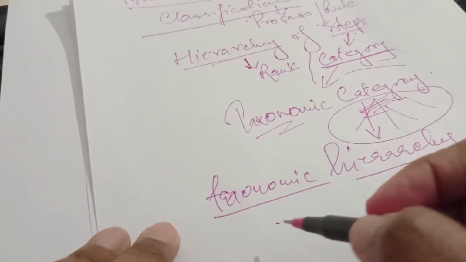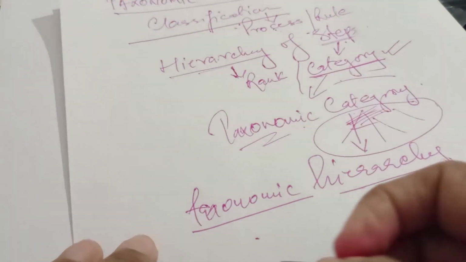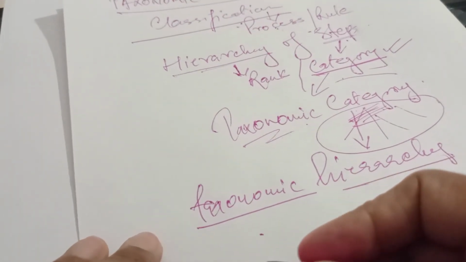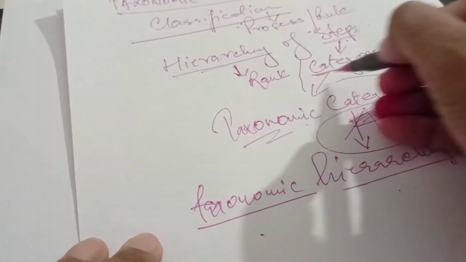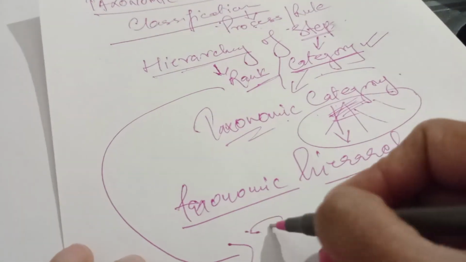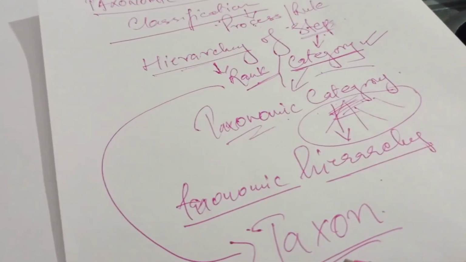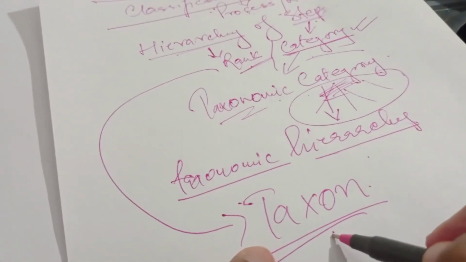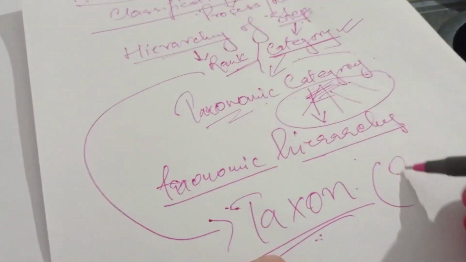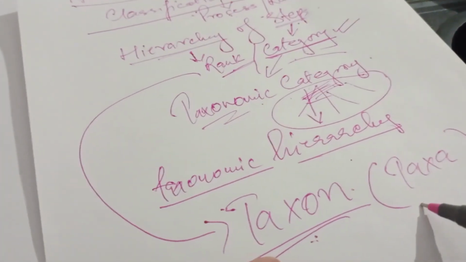And each individual category, or rank, is known as a taxon. The plural is taxa, meaning one taxon, many taxa.